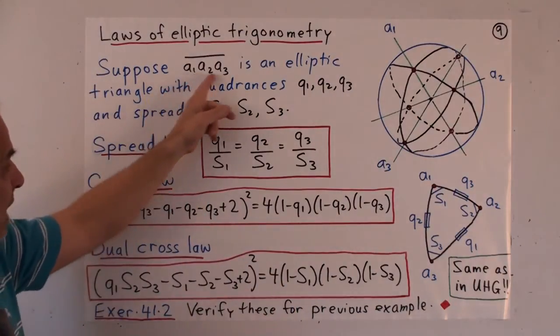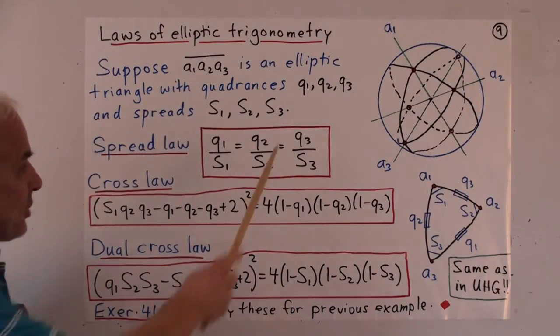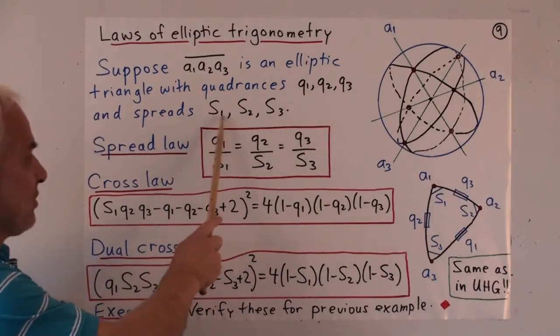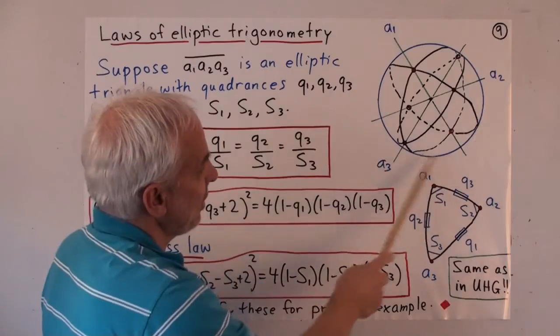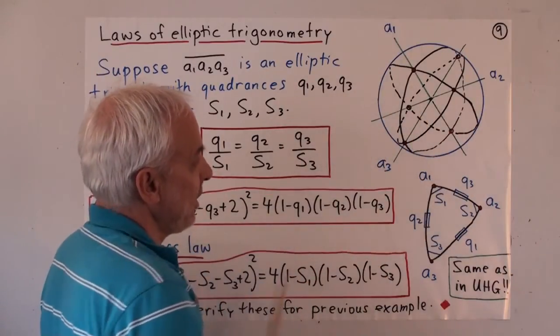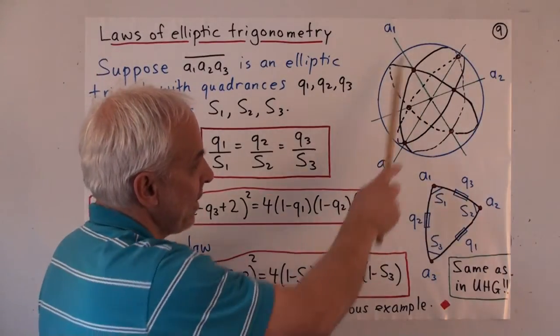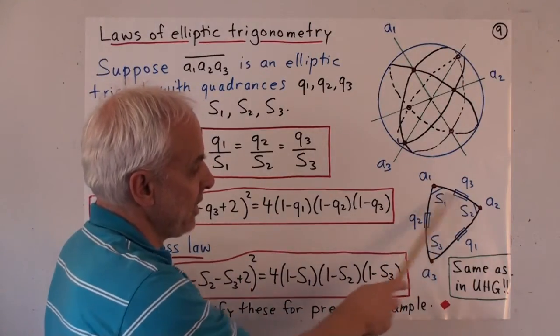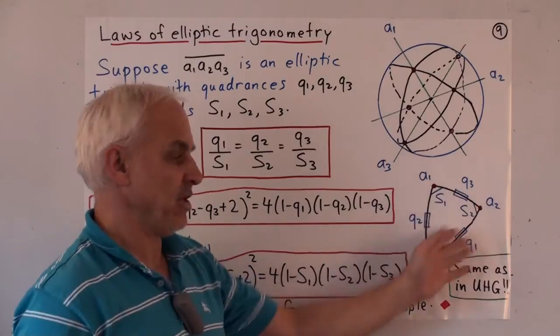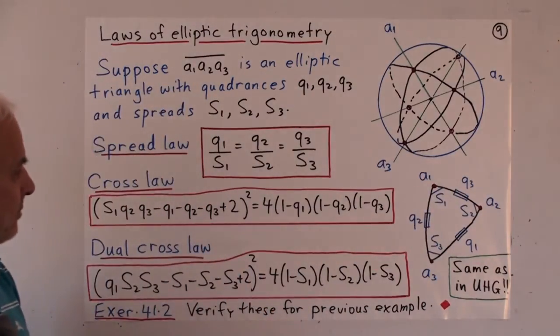Suppose A1, A2, A3 is an elliptic triangle with quadrances Q1, Q2, Q3 and spreads S1, S2, S3. So we're talking about the situation here, A1, A2, A3, forming an elliptic triangle, and here are the various 6 quantities and their representation in this sort of schematic diagram.